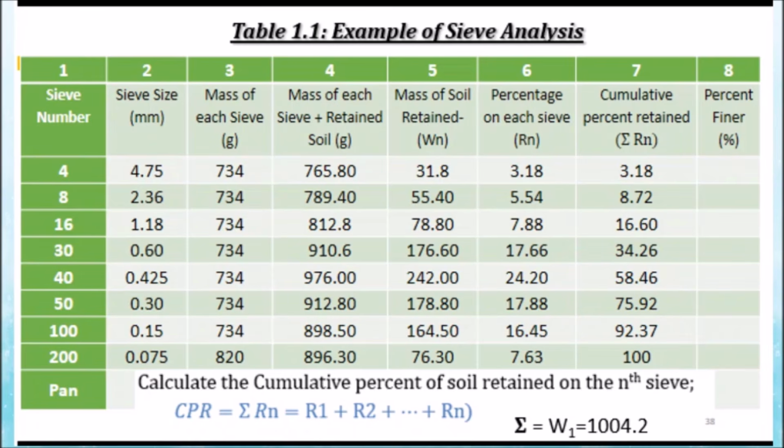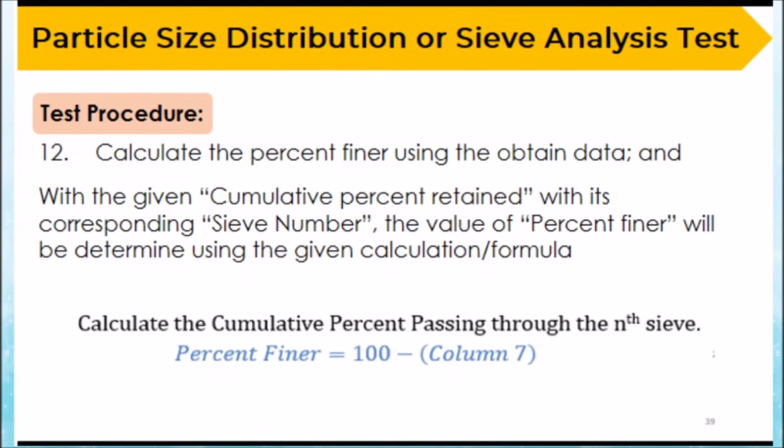So, last, we are asked to determine or calculate the percent finer using the obtained data. So, ito yun. With the cumulative percent retained with its corresponding sieve number, the value of percent finer will be determined using the given calculation formula.